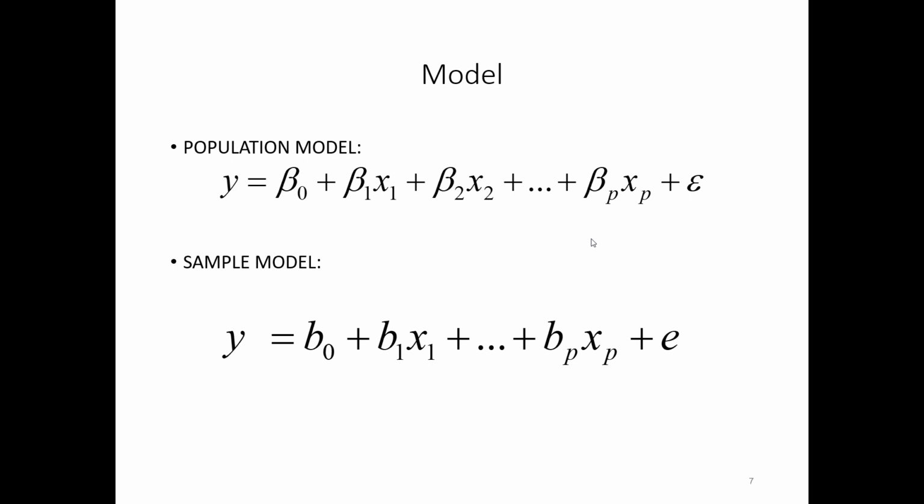Well, as we know from our very early stats experience, we can't survey everybody. Way too expensive, takes way too much time, and so we can't do that. So we take a sample, and we make estimates based on that sample. And the idea is, if we've taken a proper sample, that those estimates should be a reasonable representation of the population model.